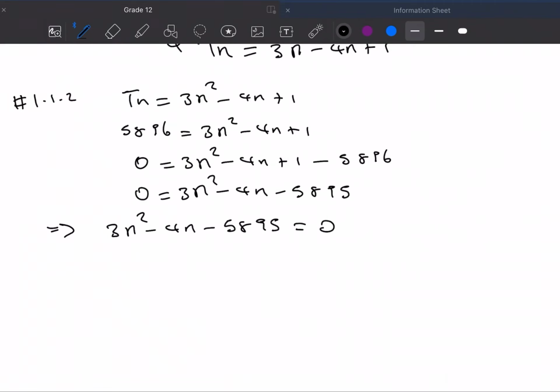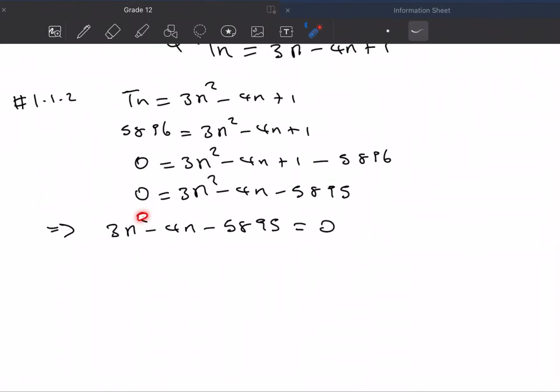So for you to always get your answer correct when you are in a situation like this, where you have a quadratic equation, right? This is a quadratic equation. Again, how do we know it's a quadratic equation? A quadratic equation is when you have n squared, so your highest order is 2, right? The highest order of exponent is 2, then it is a quadratic equation.